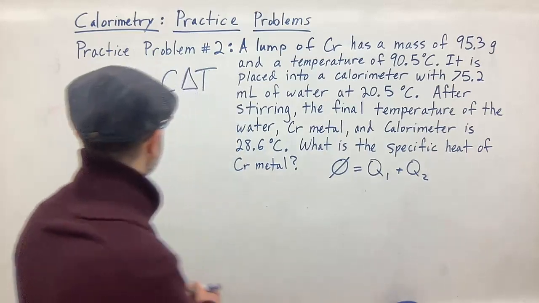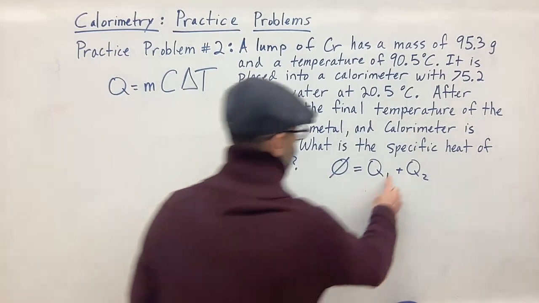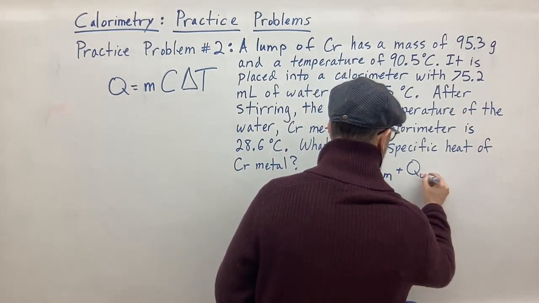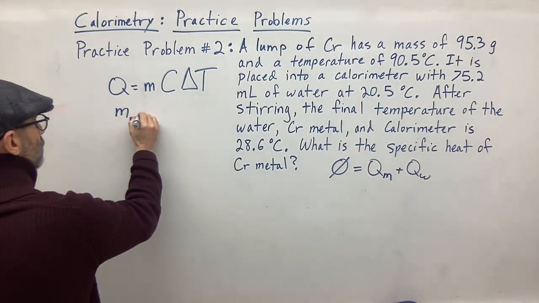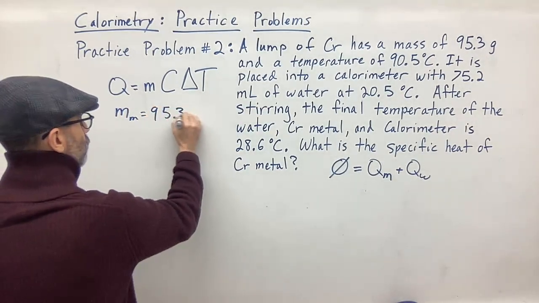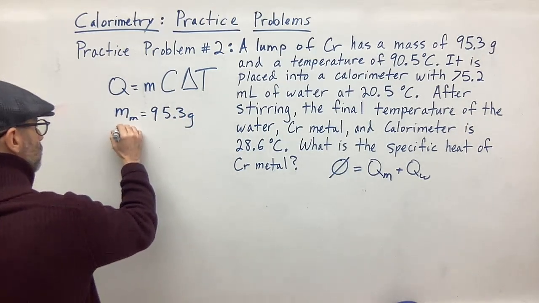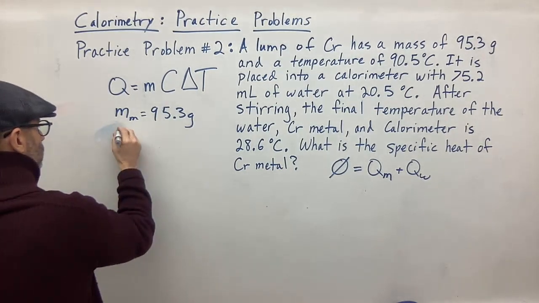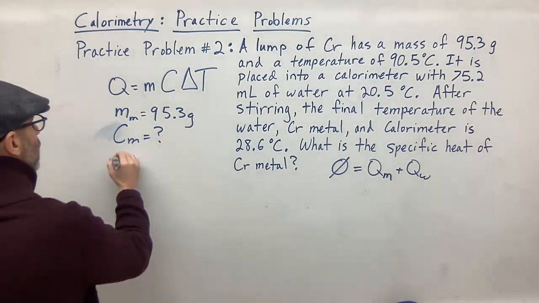Okay, so let's go ahead and list our information. We'll start with the metal. We'll call Q1 metal, Q2 will be water. What's the mass of the metal? The mass of the metal is 95.3 grams. Let's do the specific heat of the metal. We don't know the specific heat of the metal. That's what we're trying to find.